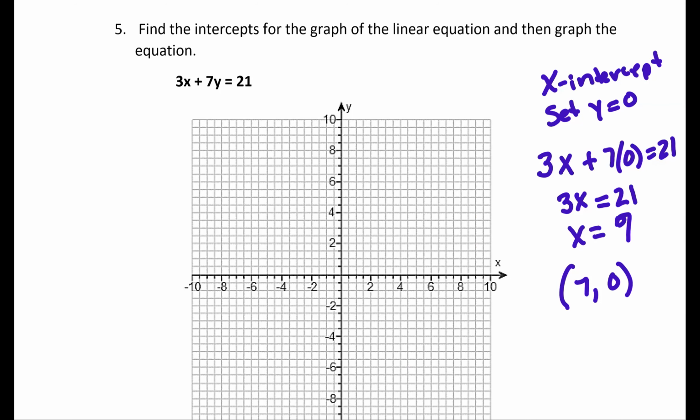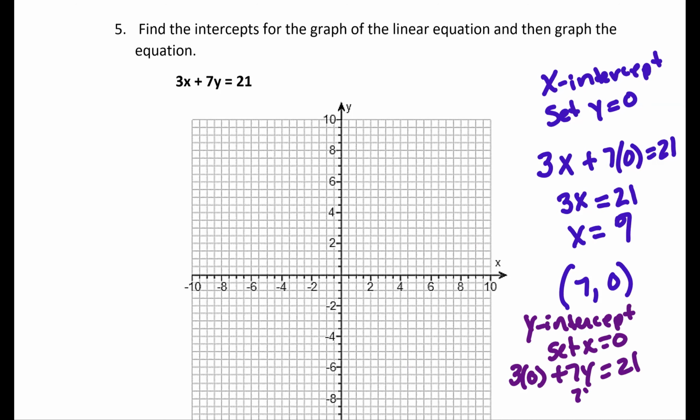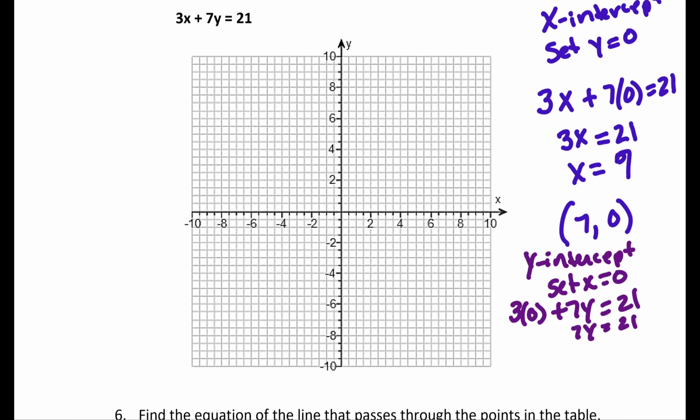And then to find the y-intercept, we will set x equal to 0, and we will have 3 times 0 plus 7y is equal to 21. 7y is equal to 21. And divide both sides by 7. And y is equal to 3.